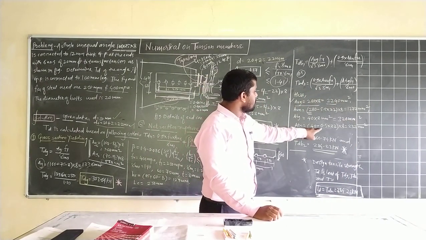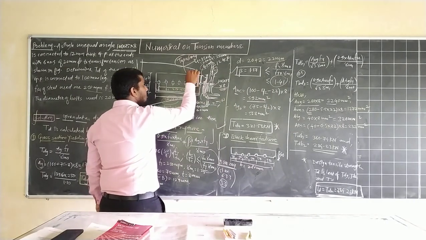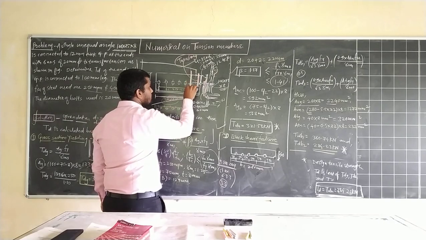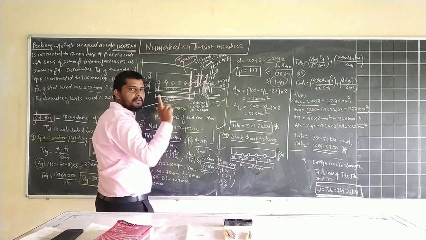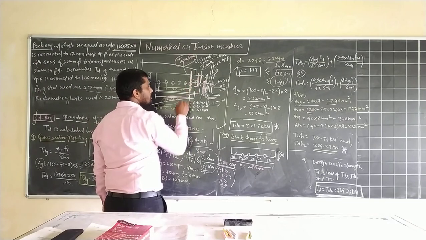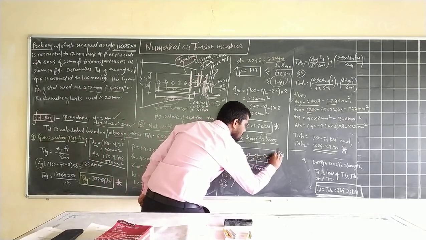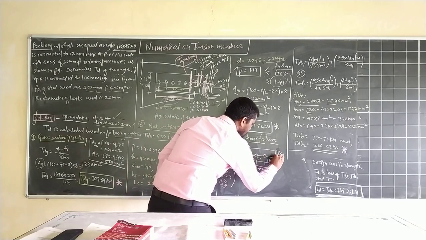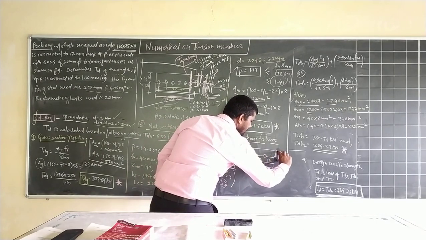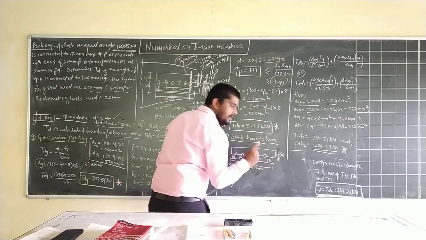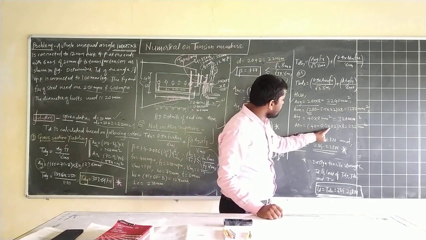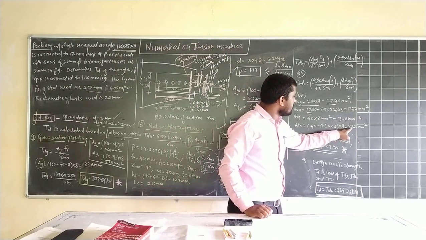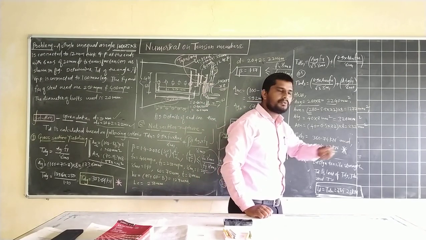This is 40 mm minus the last bolt, which we take into consideration under tension. Only this part, so 40 mm minus 0.5 number of bolts, so 0.5 into the diameter of the hole, 22 mm, whole bracket into 8. So 232 mm square.